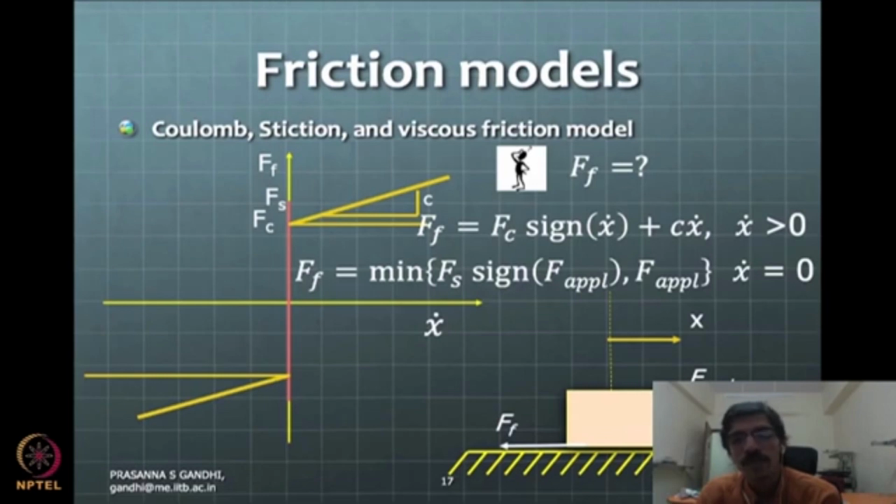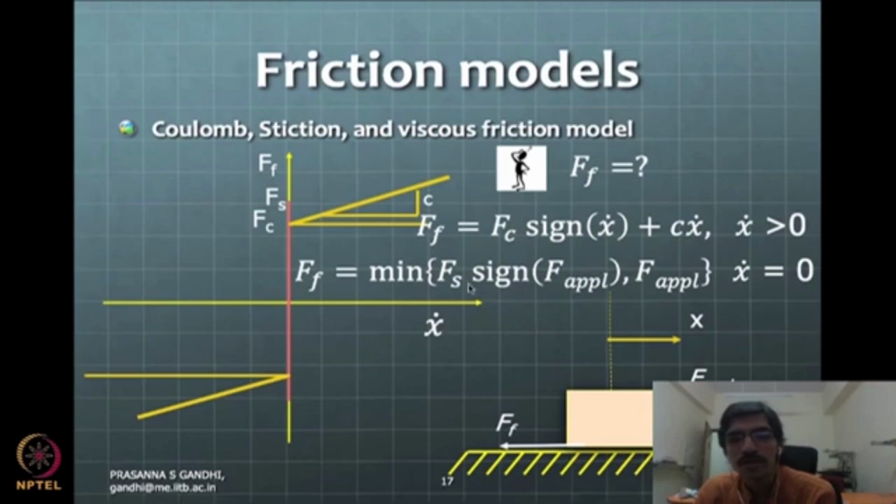If F applied itself is 0, then again this FF is going to be 0. But if F applied has some strong positive value, then signum of F applied will be positive.